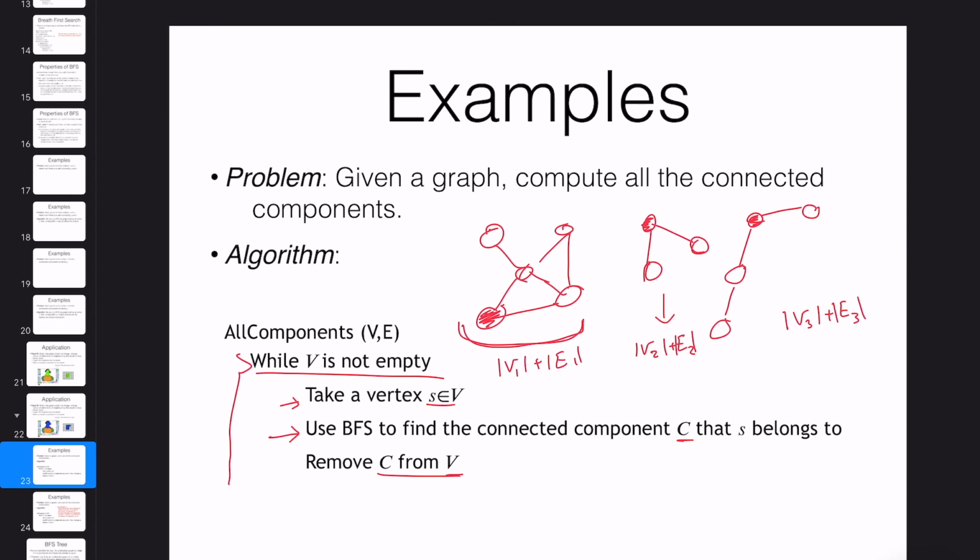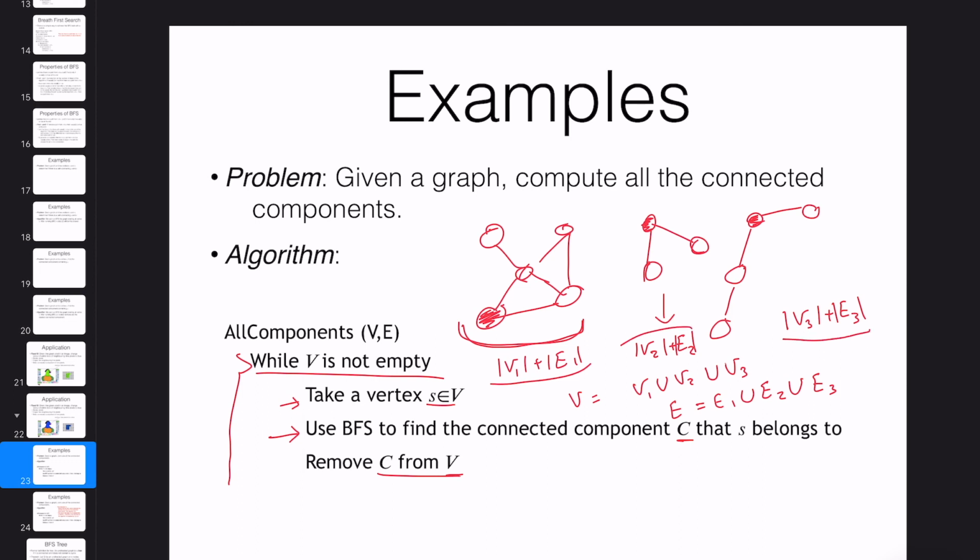where V is going to be the union of V1, V2, and V3, and E is going to be the union of E1, E2, and E3. So in total, the time complexity is going to be the summation of the time complexities here, here, and here.